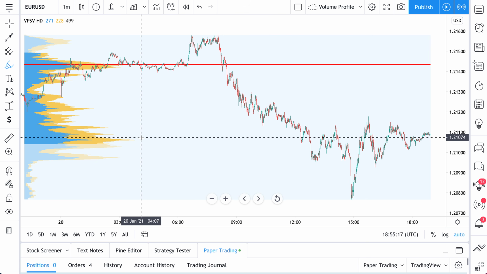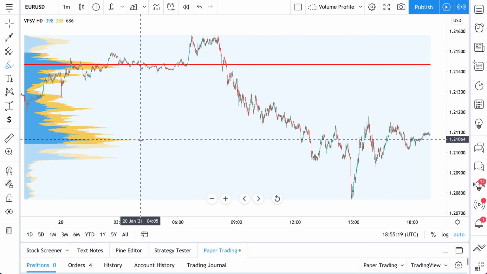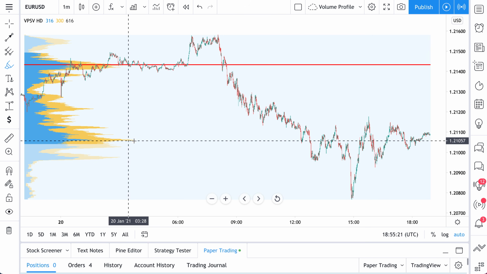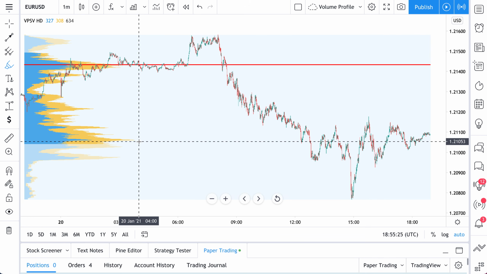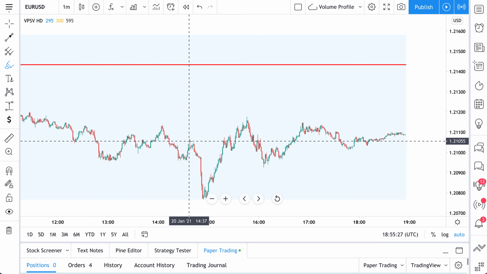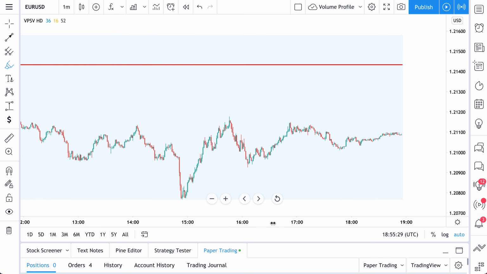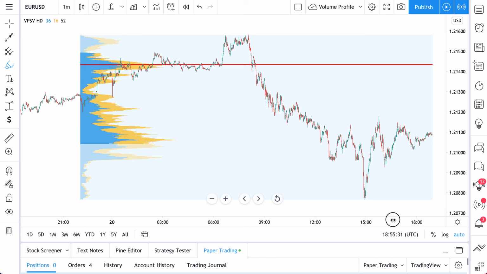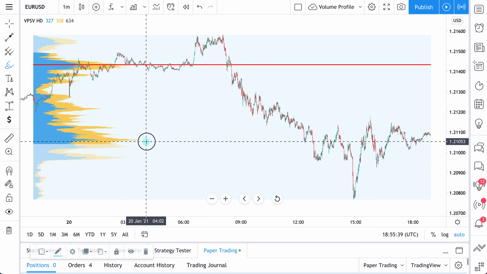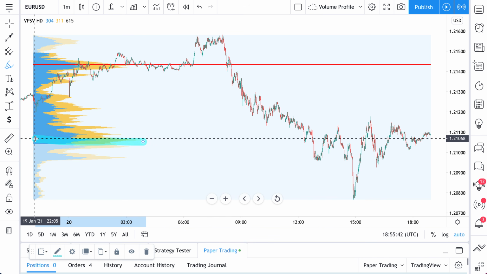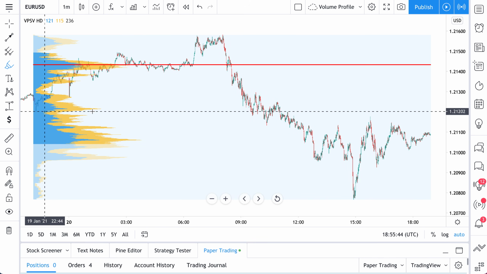So we could say that, maybe in this instance, we want to make a bet that this volume node acts as support. We can make that bet. And why don't we do it for this video? Remember, just an example. And let's make this more compact so we can see. So this volume node here is about 1.21, this level. 1.21 has attracted a ton of volume in this trading session.